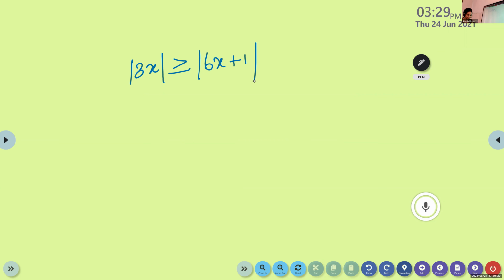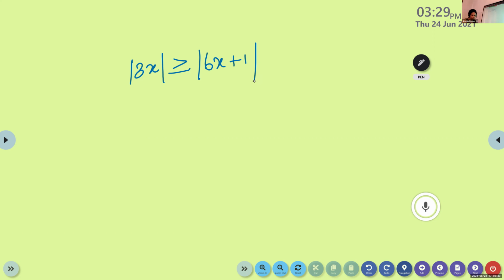Look at here. What is the difference between the first type, second type, and this third type? In the first and second types, we had modulus on one of the sides, either on the LHS or RHS. Now both the sides have modulus.